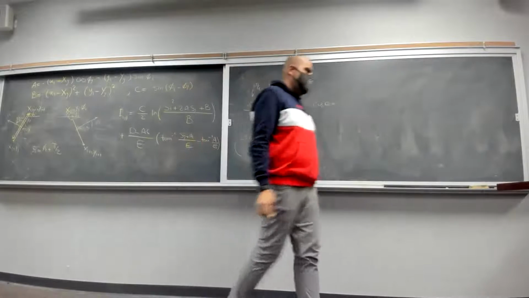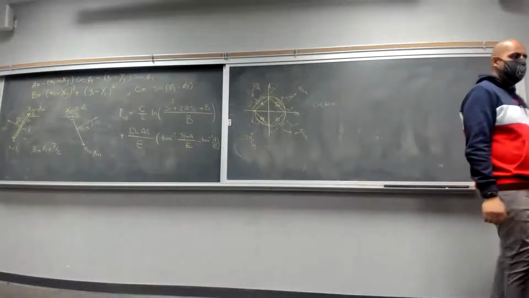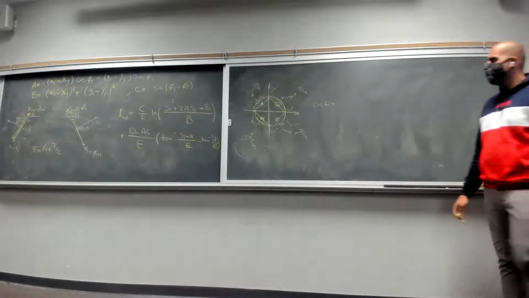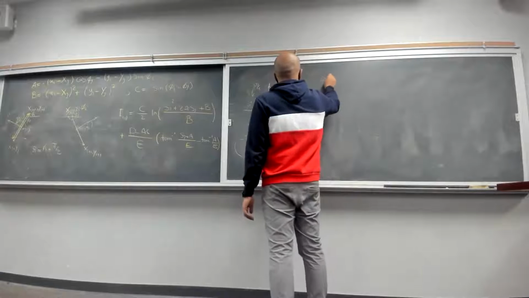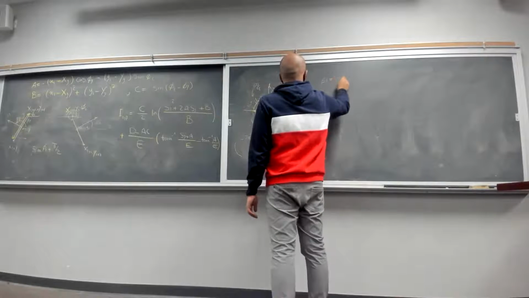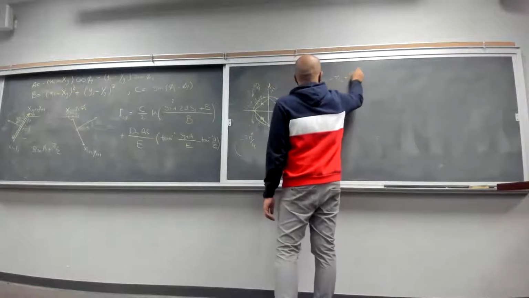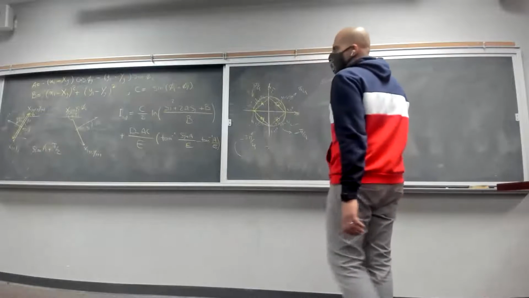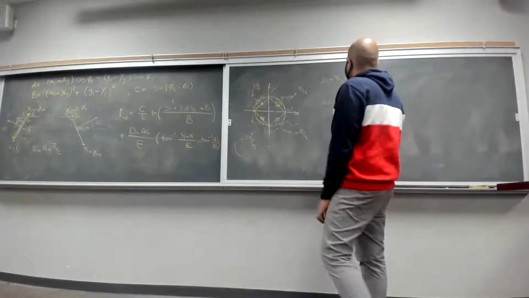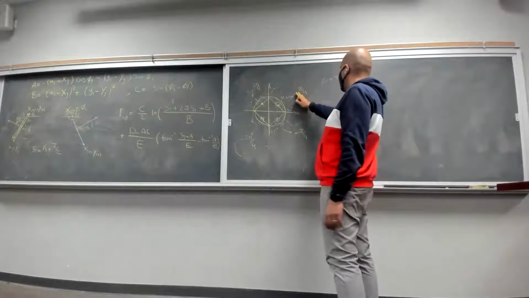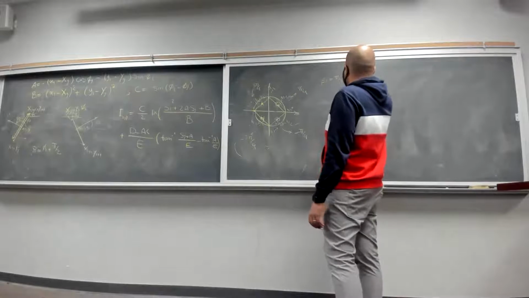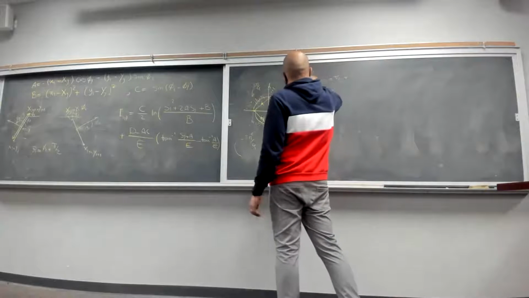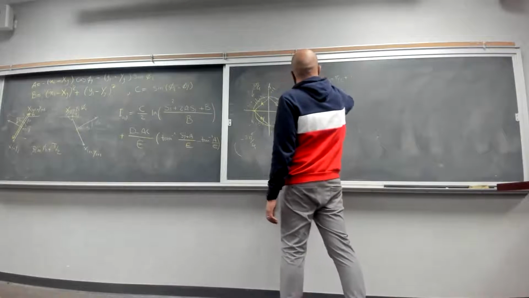We have all the betas. And then we need to find the phi for all of them. The idea was beta i is pi over 2 plus phi i, right? So if you have the beta i, pi over 4 here, then your phi is going to be, for this one, -pi over 4, right?